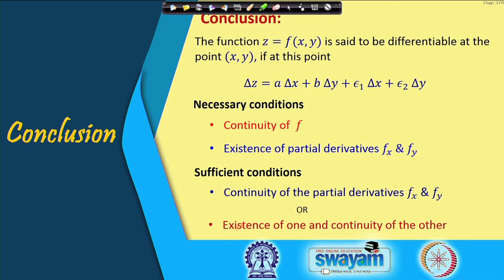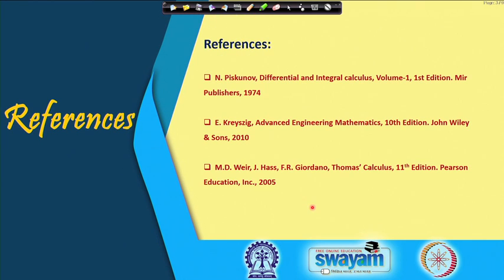In other words, we can say the existence of one and the continuity of the other, meaning the continuity of one is sufficient here, because the existence of the partial derivative is necessary anyway before we can talk about differentiability. So, basically the continuity of one partial derivative is sufficient for differentiability.